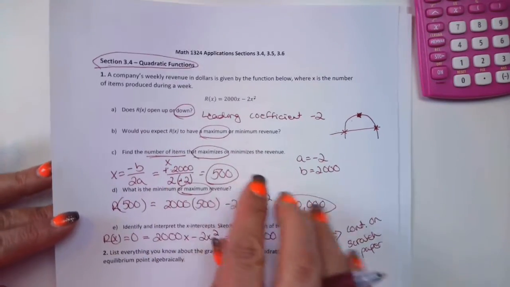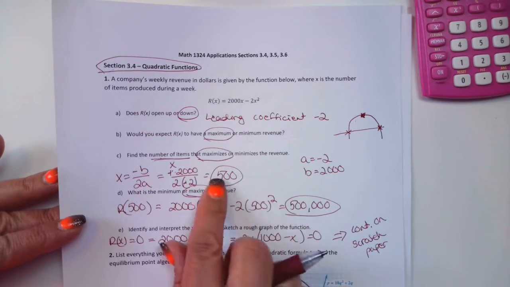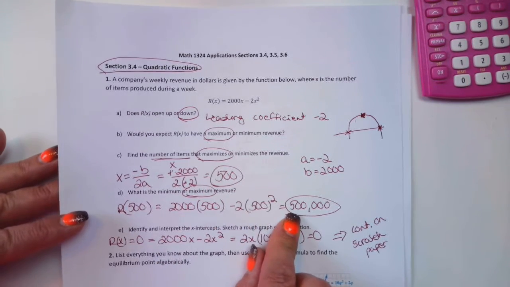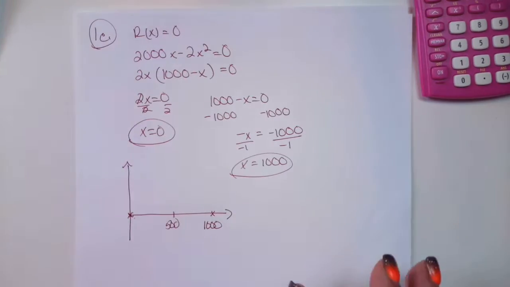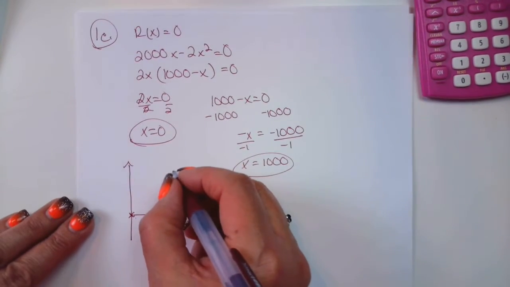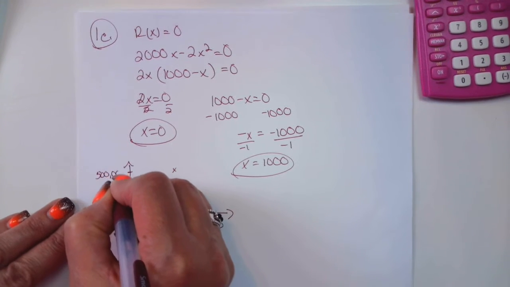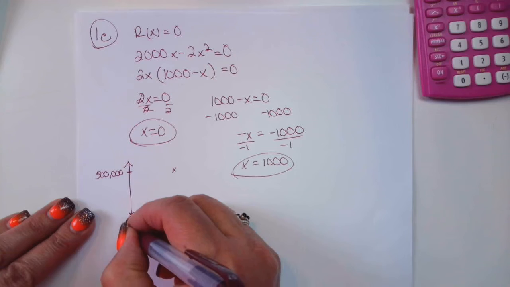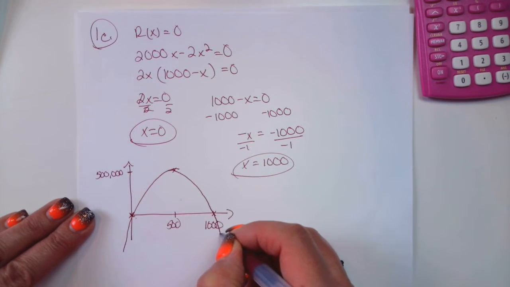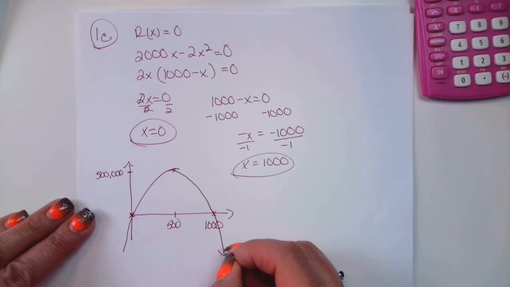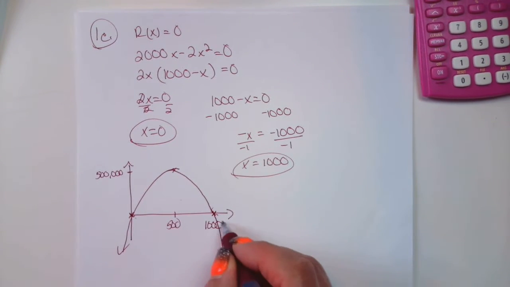Our maximum is the revenue. So we have a 500 and 500,000 is that is our vertex. So it would be somewhere here, and I'm going to just put this as the 500,000. So it goes from here all the way up and then comes back down. And then again crosses the x-axis at 1000.